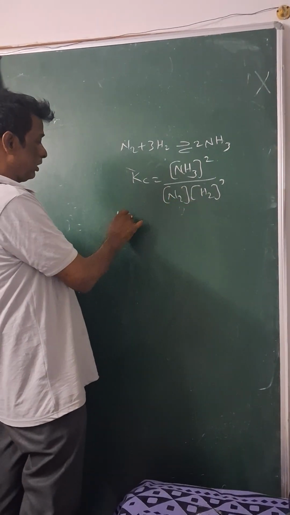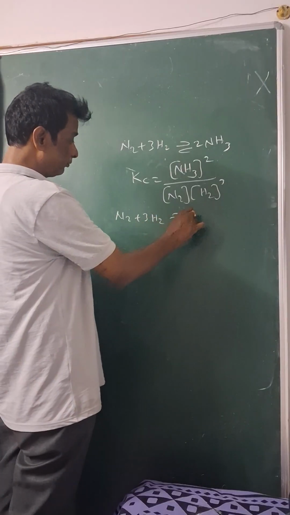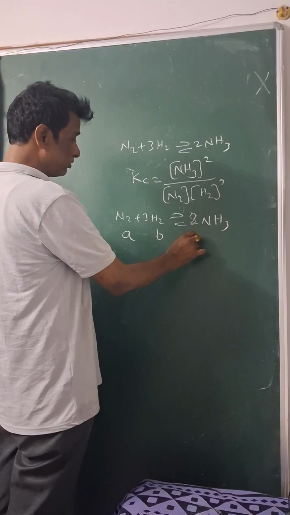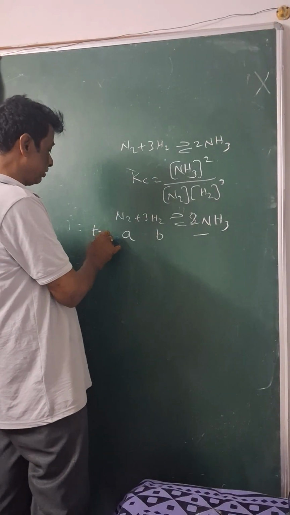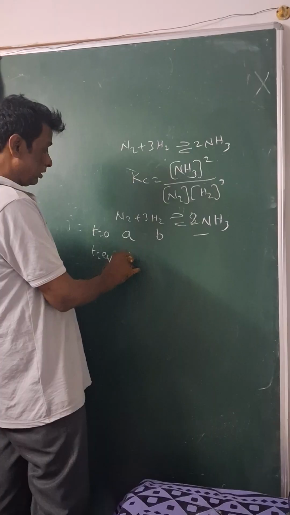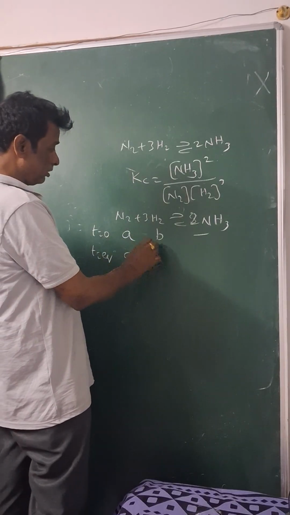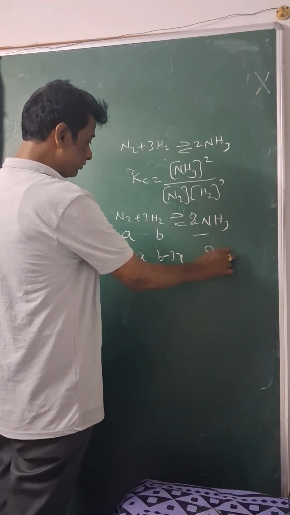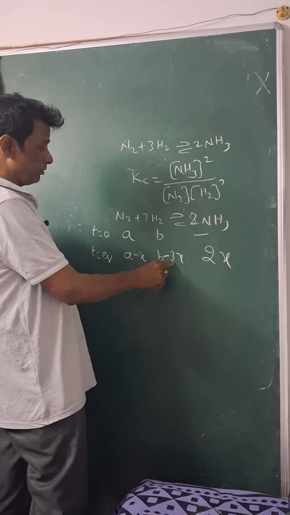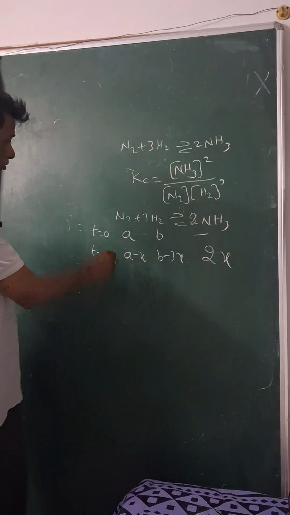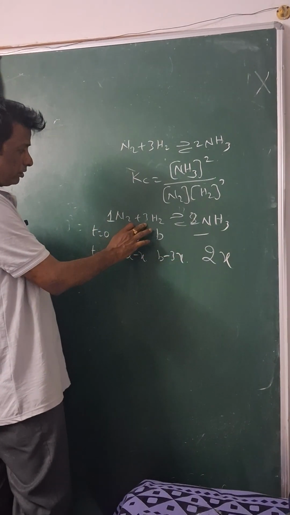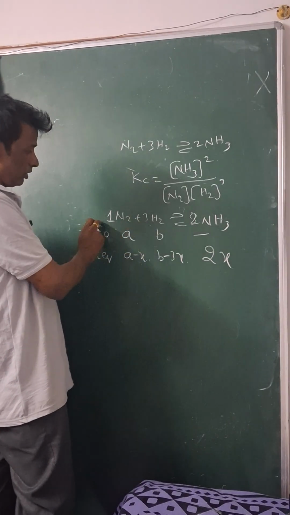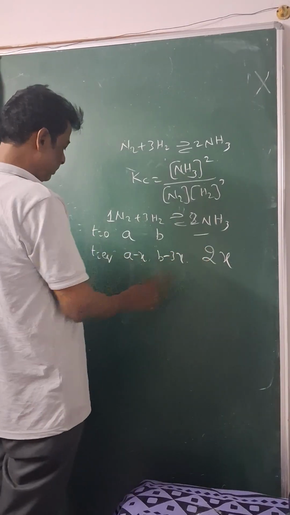Suppose you take nitrogen plus hydrogen gives ammonia. The initial concentration, A, it is B, it is 0. Initial T is 0. T at equilibrium, A minus X, here 1 is there. Here how many moles? 3 moles. B minus 3X, here 2X. X disappear, 3X disappear, 2X appear. Take the moles. Here 1 mole disappear, 3 moles. So I take say X, here X disappear, 1 into X. Here 3X disappear, 2X appear.